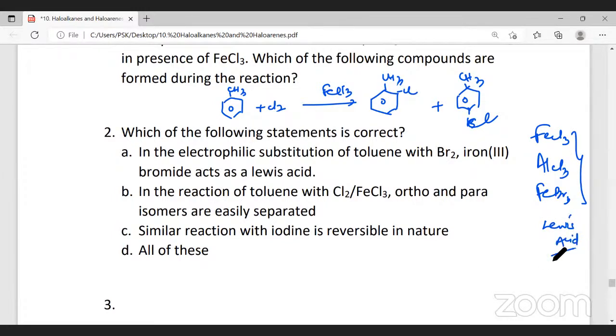Electron pair acceptors are called Lewis acids. This is true. In a reaction of toluene with chlorine and FeCl3, ortho and para isomers are easily separated. Just now I told you two products are formed. Similar reaction with iodine is reversible in nature. Therefore, this also is true. And the answer for this question is all of these, option D.